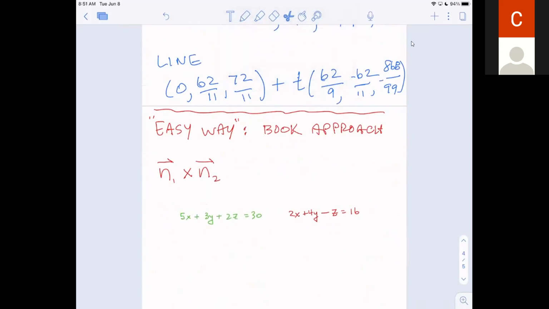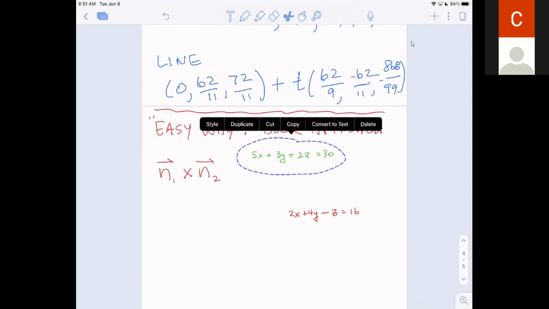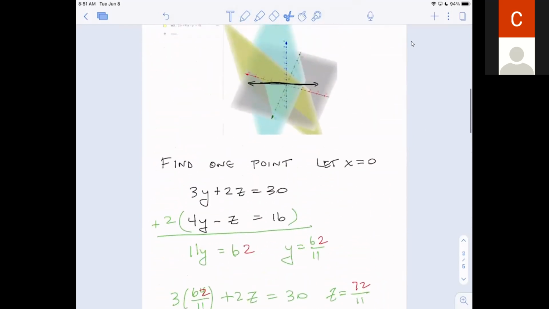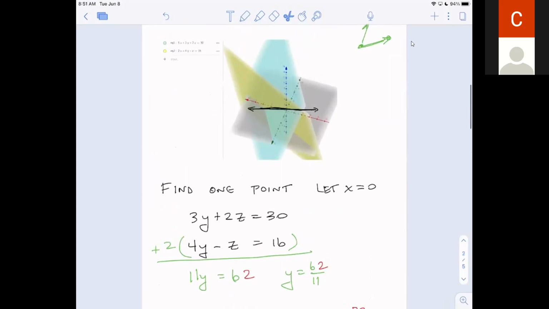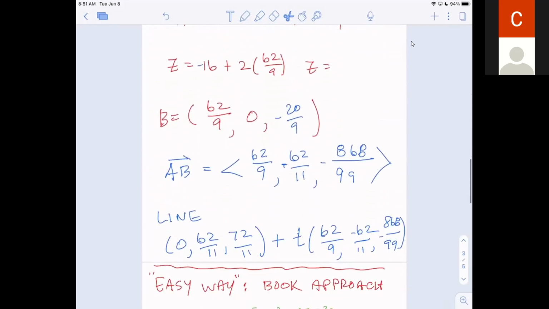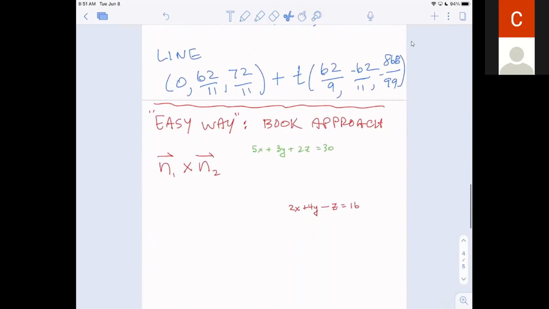What good would that be? What would a vector perpendicular to both of those be in our picture up here? Where would that be facing? What should you think about that?